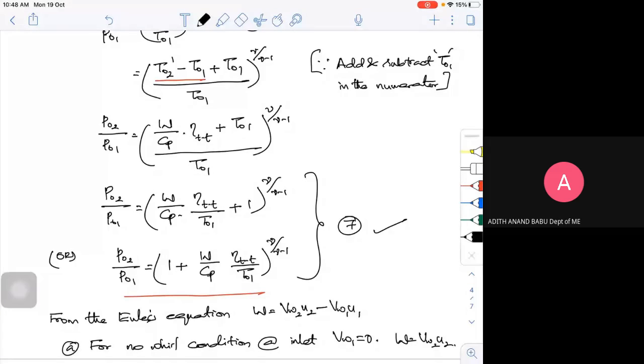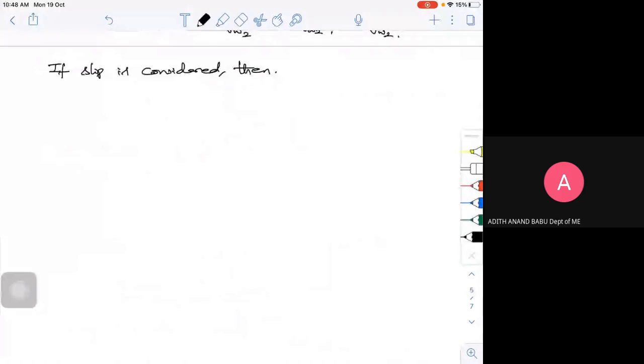So I can write P02 by P01 is equal to VW2 dash into U2, divided by Cp into the total to total efficiency divided by T01, plus 1, whole to the power of gamma by gamma minus 1.